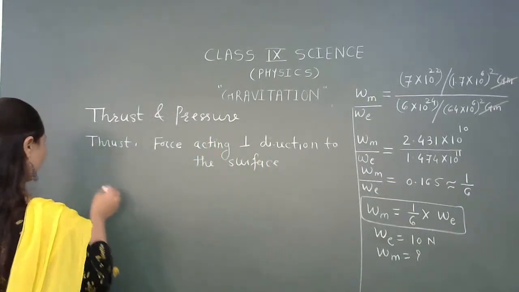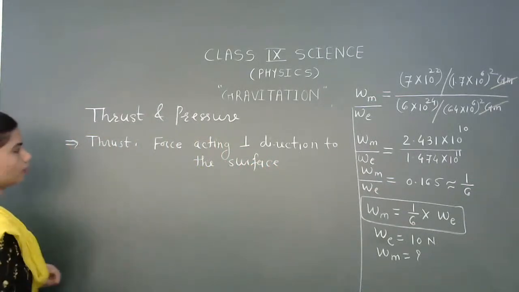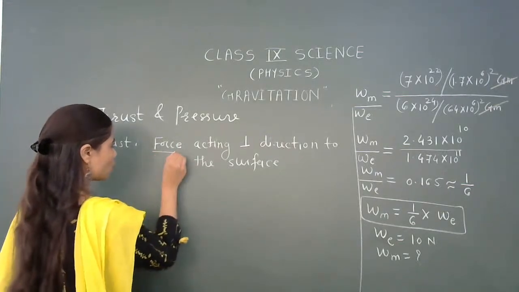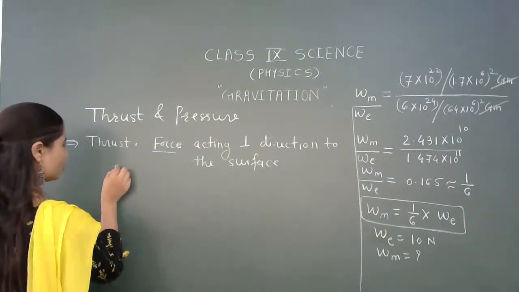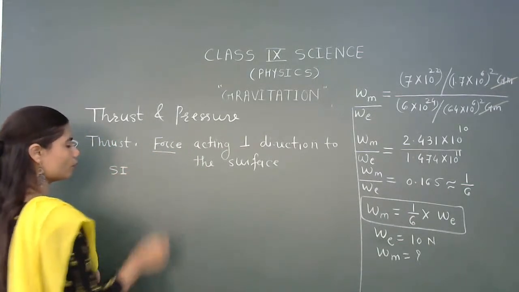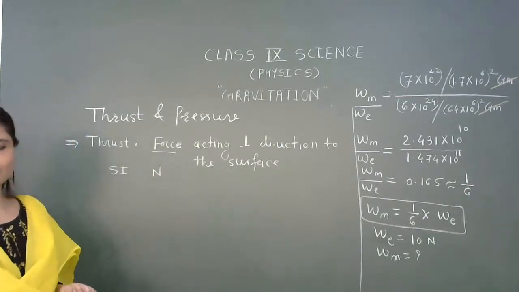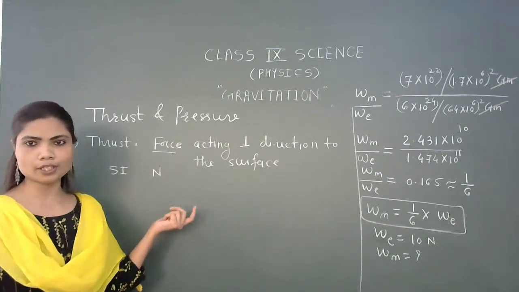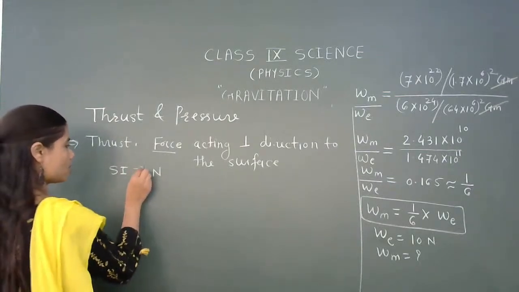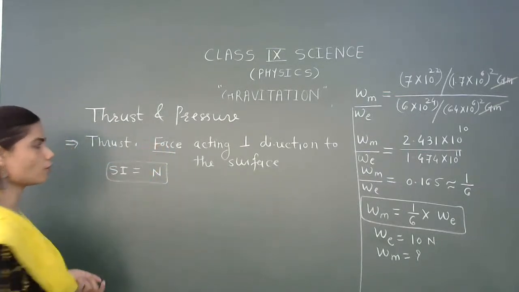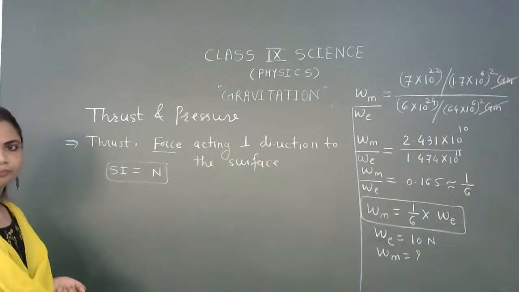And thrust is itself a force, so its SI unit will also be Newton. Thrust is nothing but force applied in the perpendicular direction, means both will have the same unit. SI unit for thrust will be Newton.